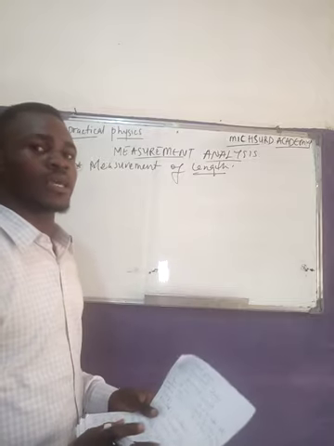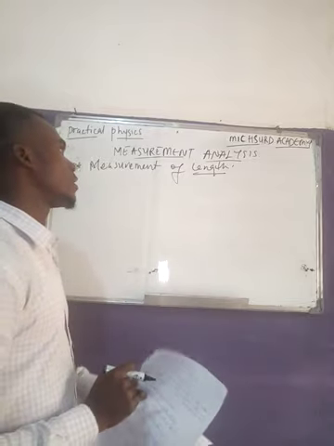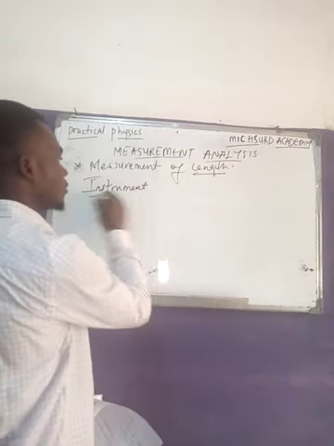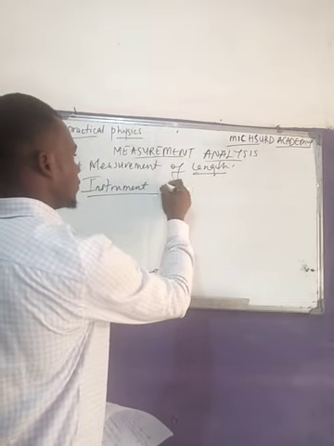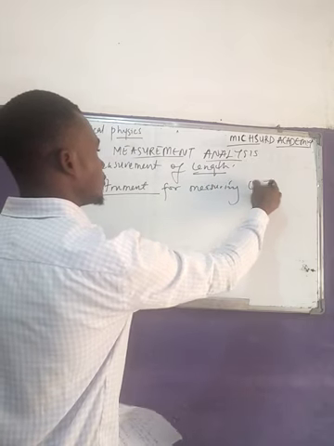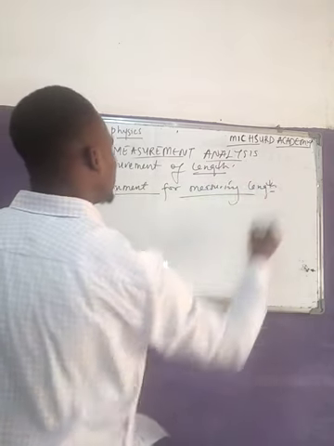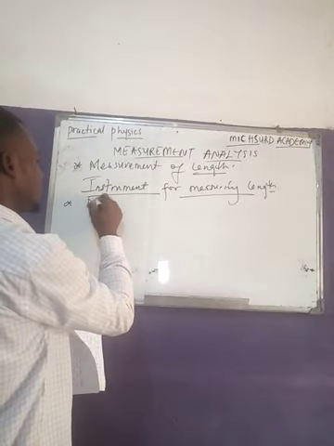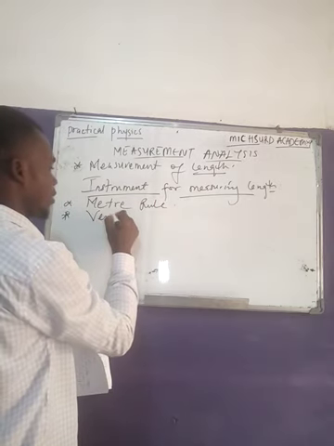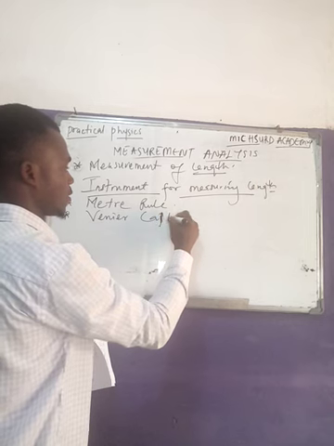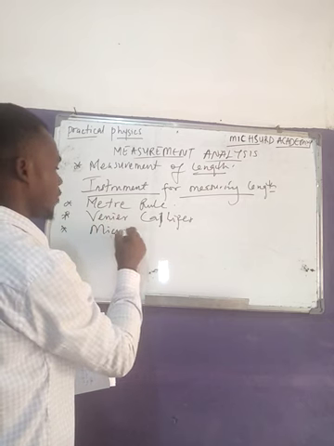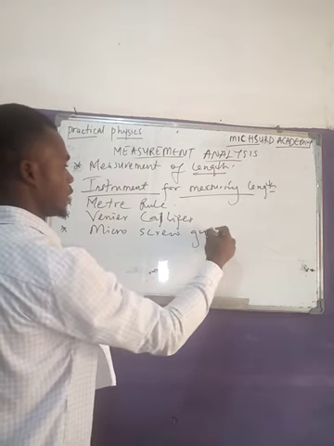Its SI unit is the meter. Now the instruments that we can use to measure length include the meter rule, the vernier caliper, and the micro screw gauge.